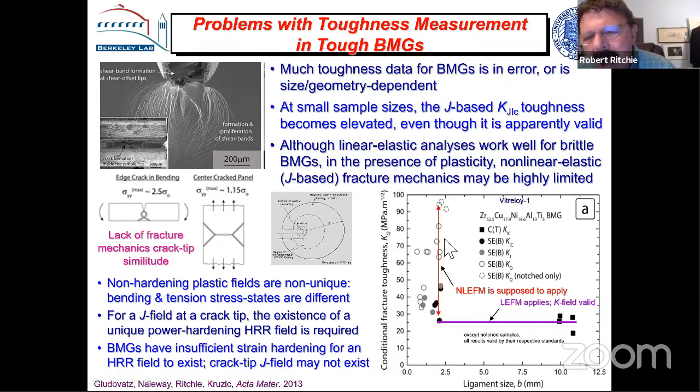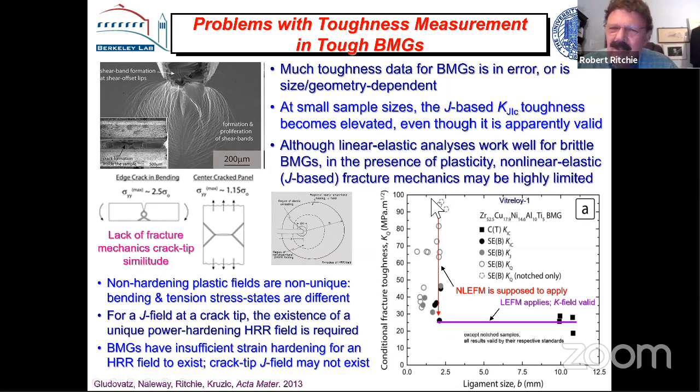But as soon as we got out of that regime and into what you would call the J regime, then even though we were measuring valid J's in terms of nonlinear elastic fracture mechanics, the scatter was horrendous. It varied from, as I said, 20 to 100 to even higher.